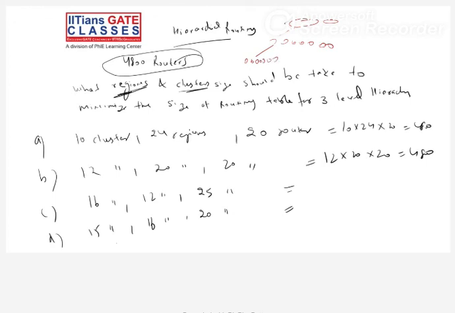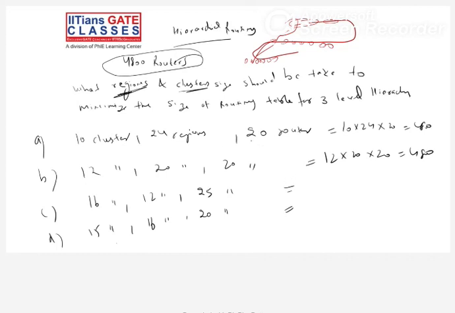Total 4,800 routers are there. So there is one region, like in DNS one server is there. Similarly, what cluster sizes should be taken to minimize the size of the routing table for a 3-level hierarchy?